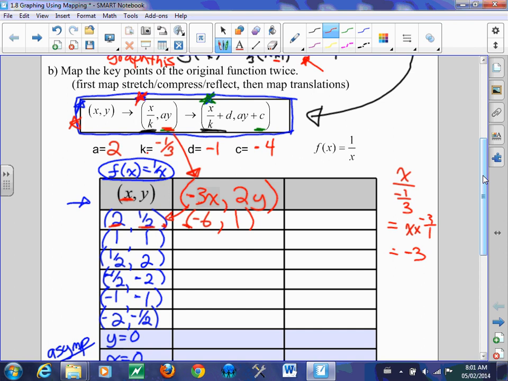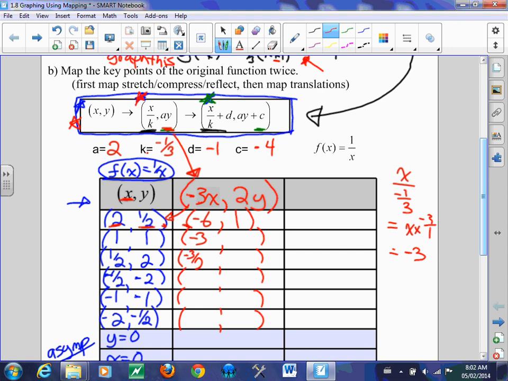Okay, so let's apply those to all the columns here. Again, 1 times negative 3 is going to give you negative 3. I'm just going to do the brackets and the commas ahead of time, just because that's how I set it up. It's up to you. Because they're all ordered pairs, I'm going to do my x's first and then my y's. So when I take negative 3 and times it by 1/2, I've got negative 3 over 2.